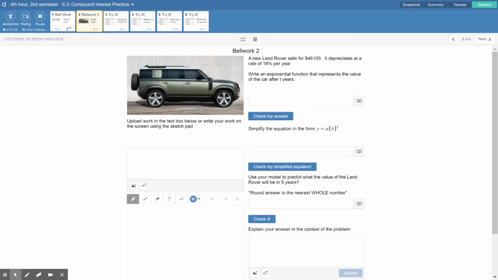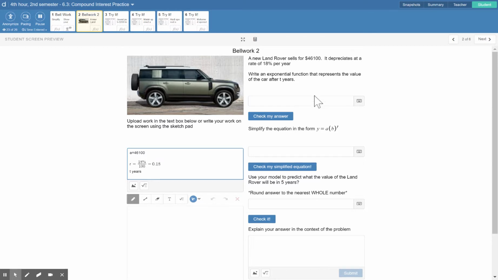So the work that we're asking you to do, it says a Land Rover sells for $46,100. So that's our initial value. That's our A value. Our R is 18% divided by 100. And then our time, we are talking about years.